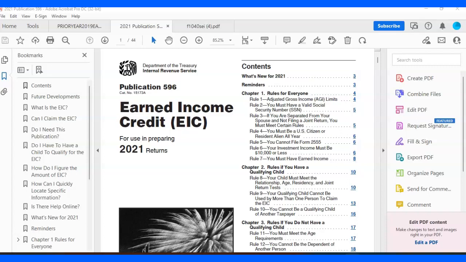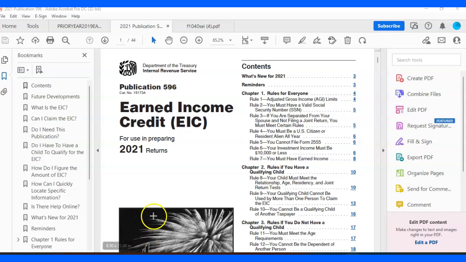And number two, you'll need a diverse range of individual taxpayers to cover all the different topics this industry holds, to even get a glimpse of what this knowledge is all about when it comes to preparing 1040 tax returns. So with that being said, this is publication 596.